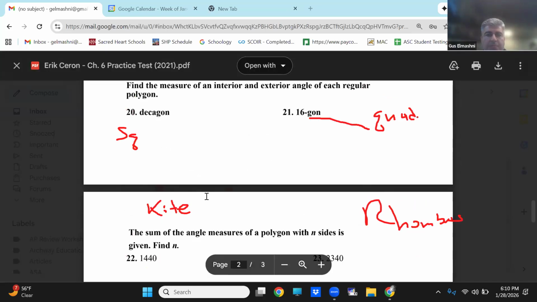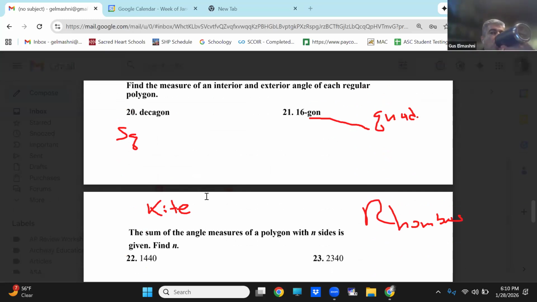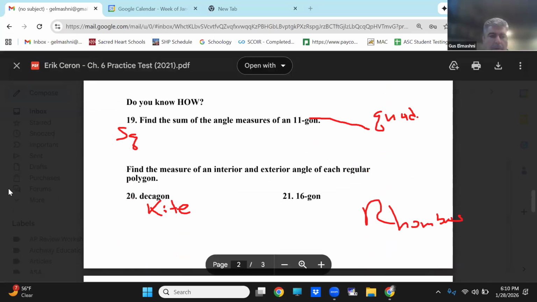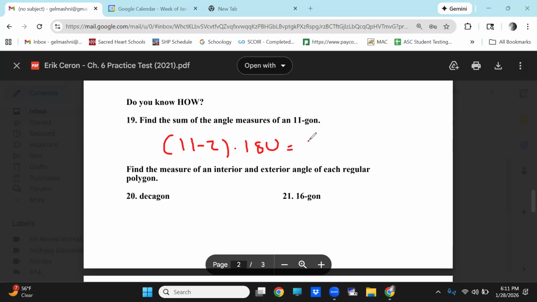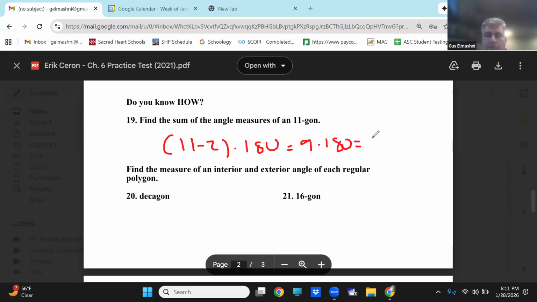Yeah, let's wrap this up. Find the measure of an interior and exterior angle. So remember, you do 11 minus 2 times 180. So 1620. Okay.